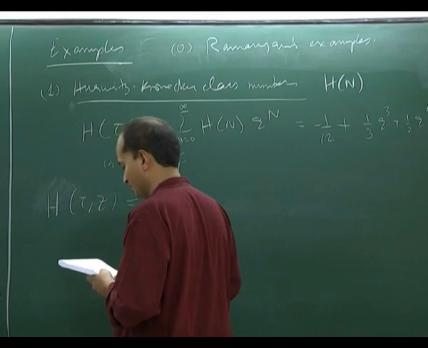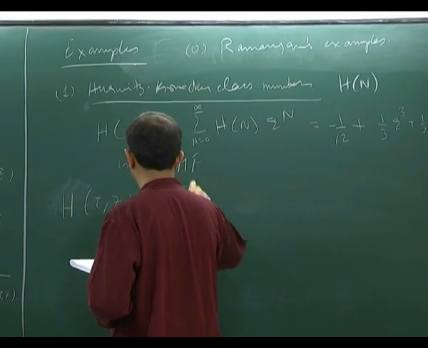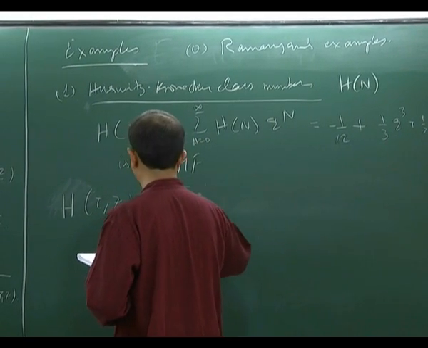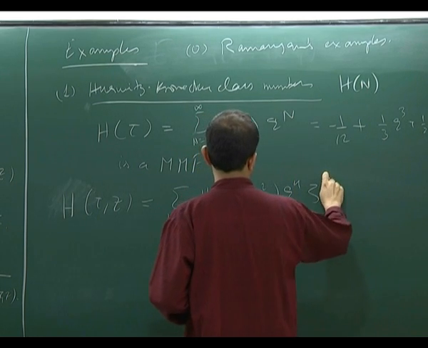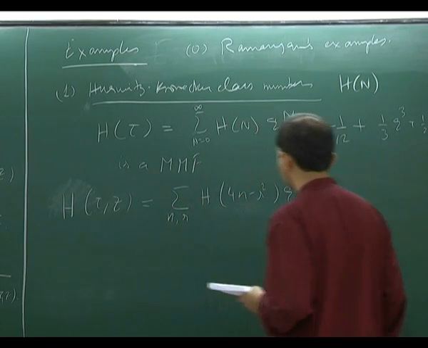You can also make a mock Jacobi form, which is the following: sum over n, r of h of 4n minus r squared, q to the n zeta to the r.